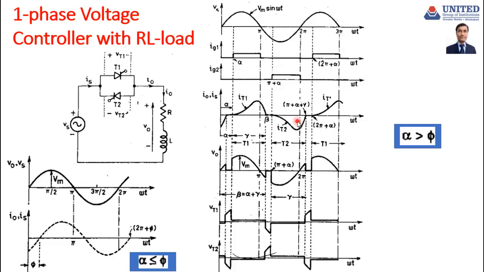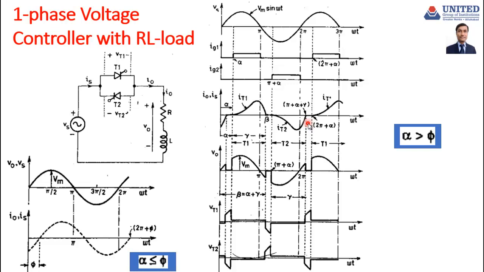At 2 pi, Vs and V naught are 0, but thyristor current IT2, which is equal to load current, is not 0. At pi plus alpha plus gamma, the current IT2 is equal to 0. Gamma is equal to beta minus alpha. Then T2 is turned off because it is already reverse biased.